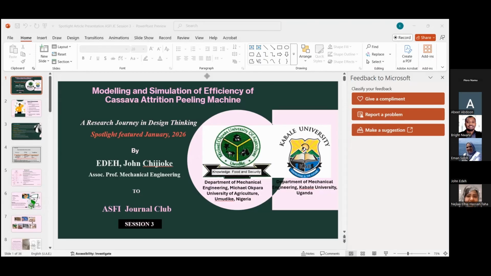I was even surprised that, because there is a presidential initiative on banana in Bushenyi, they had to invite people from, I think, Germany to come and develop a machine for peeling. The challenge is that you cannot tell the size of the banana finger it will come from.